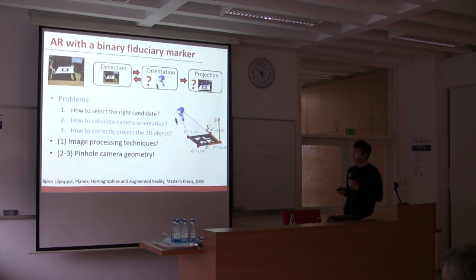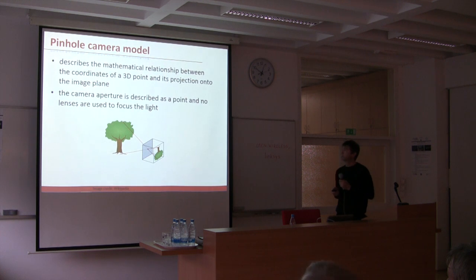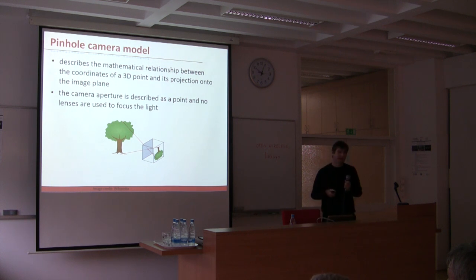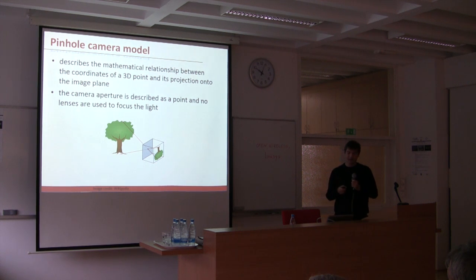And so now, in this part, we'll see how to deal with these other two problems, so how to calculate the camera orientation and how to correctly project the object. For this, we help ourselves with the pinhole camera geometry. What's a pinhole camera? It's basically the most rudimentary camera available. Everyone can construct this kind of camera at home.